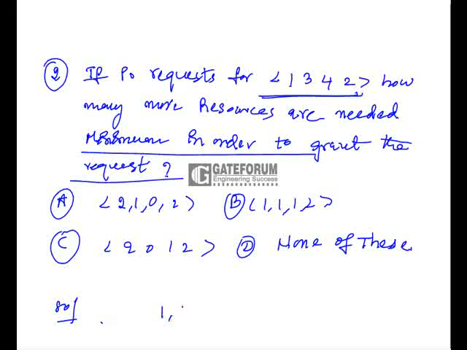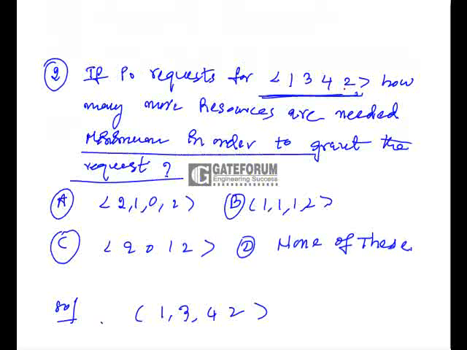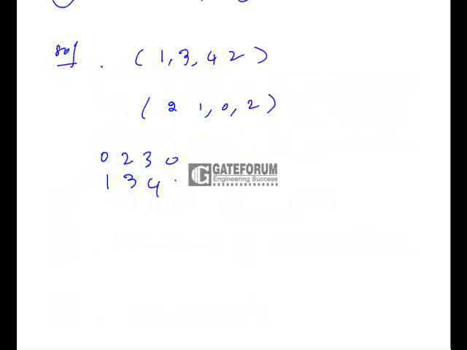So we have to find out the minimum number of resources, such that this request will be granted. For example, for 1 3 4 2, if we have a minimum of 2 1 0 2, for example. P0's allocation, we already found, is 0 2 3 0. If this request is added, then it will become 1 5 7 2, and the need of P0 will be decreased.